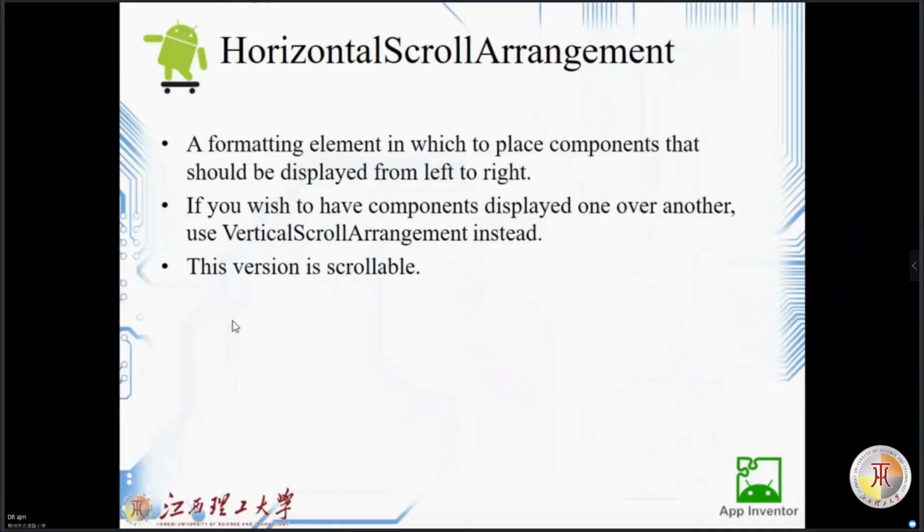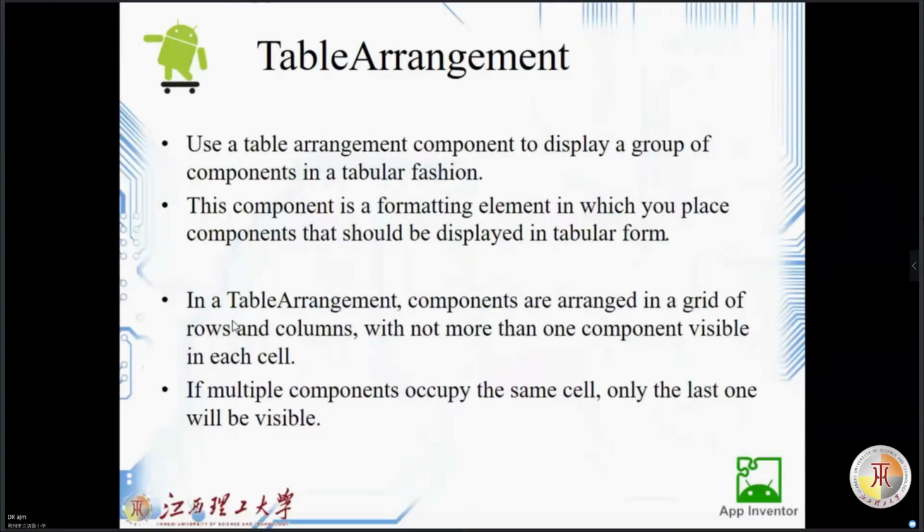Another arrangement is table arrangement. We will use table arrangement to display a group of components in a tabular fashion. This is a formatting element in which you place the components that should be displayed in tabular form. In this table arrangement, components are arranged in a grid of rows and columns, where you can specify how many columns and how many rows.